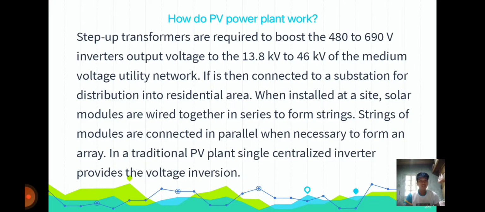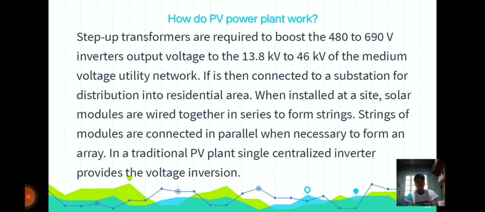Step-up transformers are required to boost the 480 to 690 volts inverter output voltage to 13.8 kilovolts up to 46 kilovolts of the medium voltage utility network.